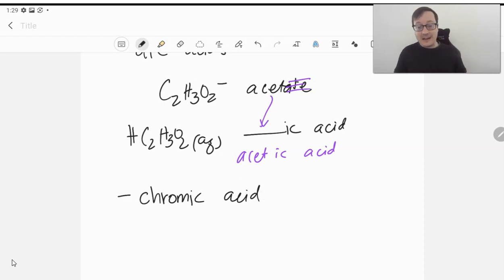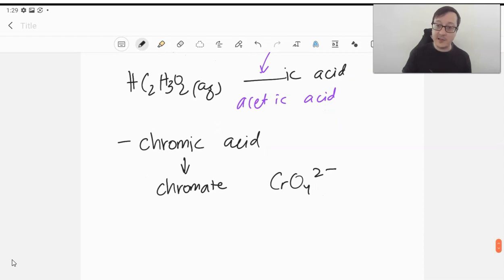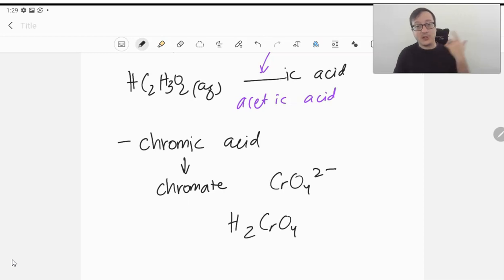So it has the ic acid ending, which means it came from an ate, which means it came from chromate, which is CrO4 2-. Again, very helpful to memorize those polyatomic ions. We just need to put enough H plus to balance this out. So we'll need 2 of them. Since there's a 2- charge, each hydrogen is 1+. We'll have that be our example there.